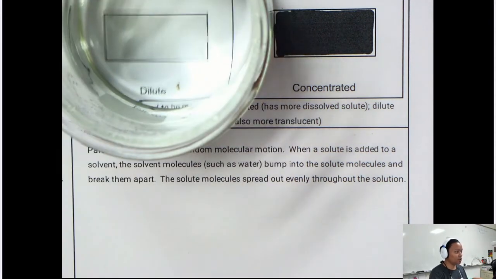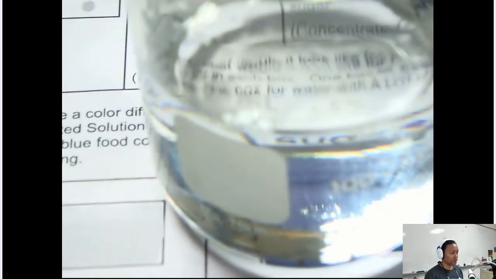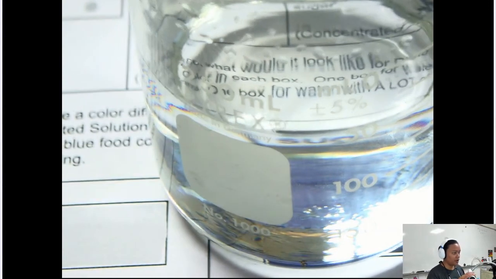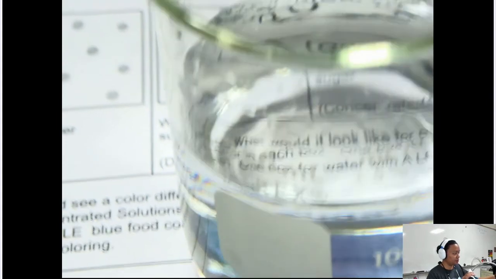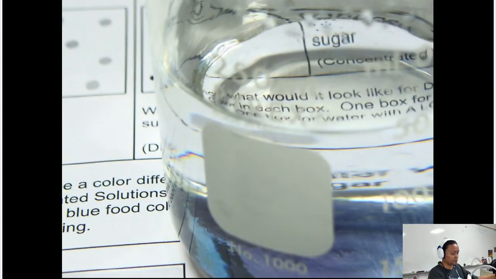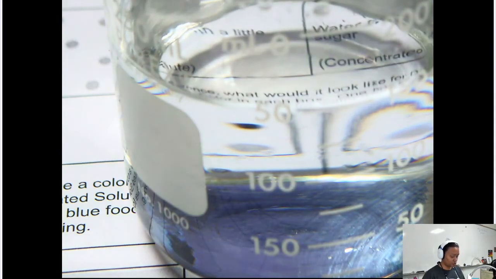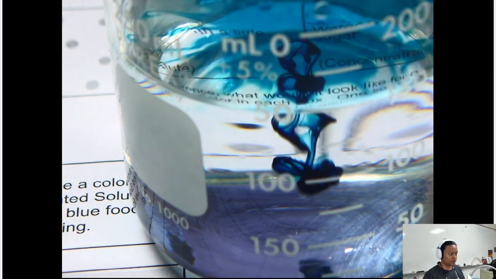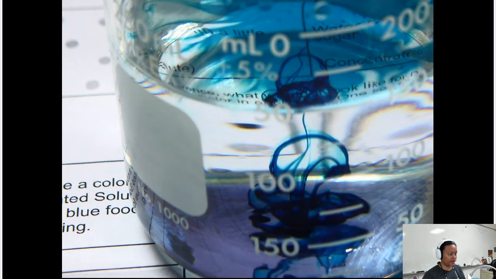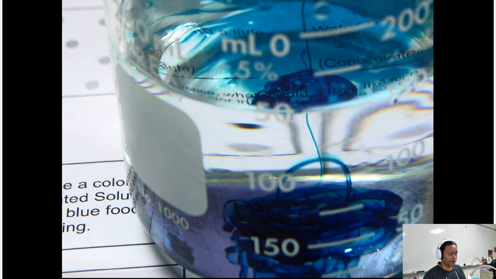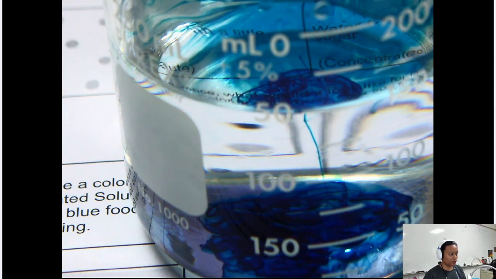So taking one more look at the water here, beaker of water. Okay, what I'm going to do is I'm just going to put a drop of food coloring in here, and I want you to look at the motion. Okay, so look at that as it's going down. You see it's spreading out, all right? So what is making it move around and spread out?